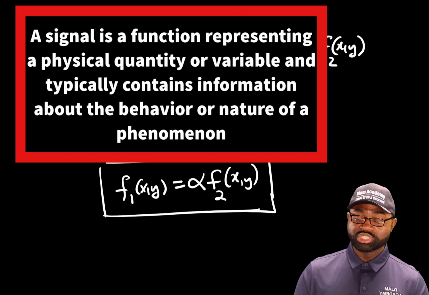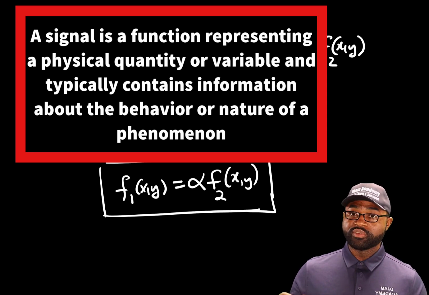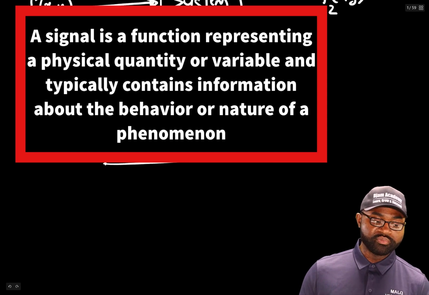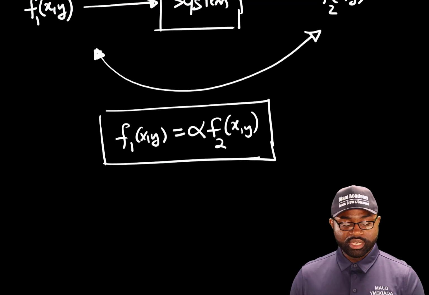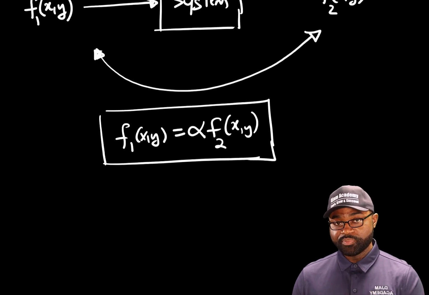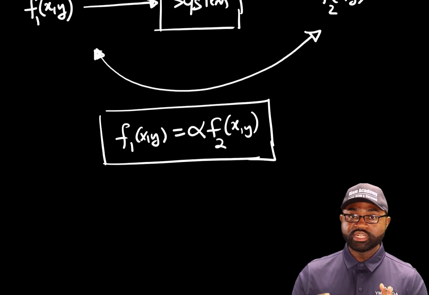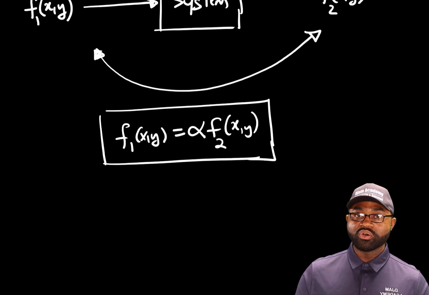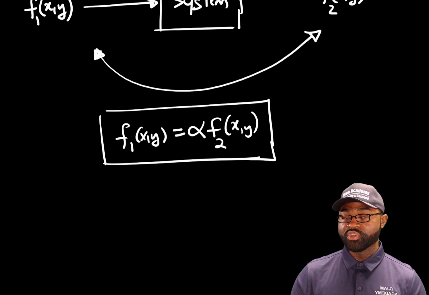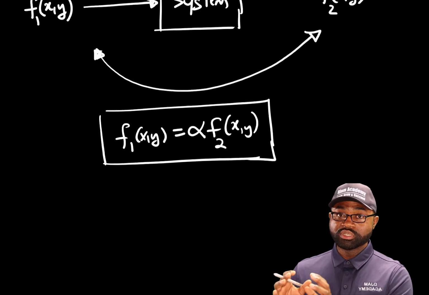So we are safe to say that a signal is a function of one or two independent variables that contains information about the behavior of a particular physical phenomenon.